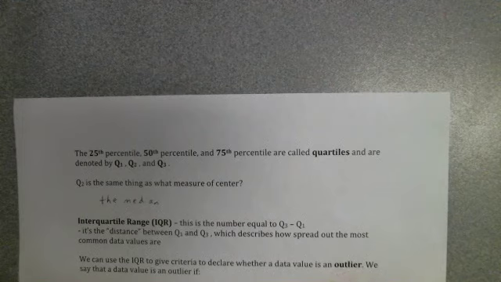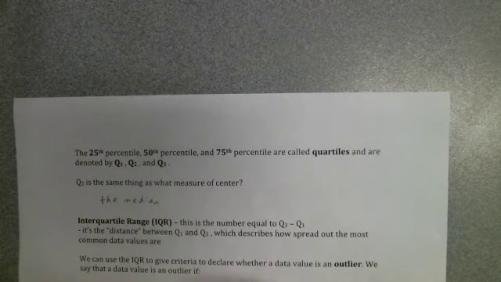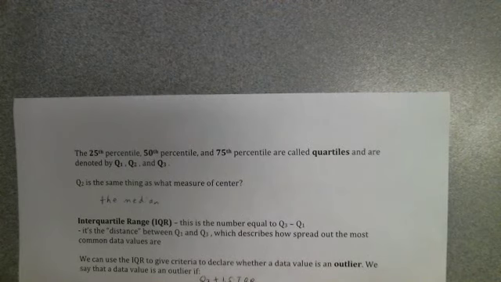So we say that a data value is an outlier if the data value lies more than 1.5 times the IQR units above Q3, or the data value lies more than 1.5 times the IQR units below Q1. In other words, you got to compute Q3 plus 1.5 times the IQR, and you got to compute Q1 minus 1.5 times the IQR.